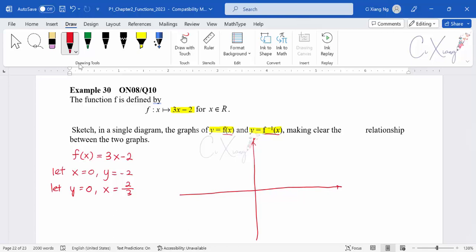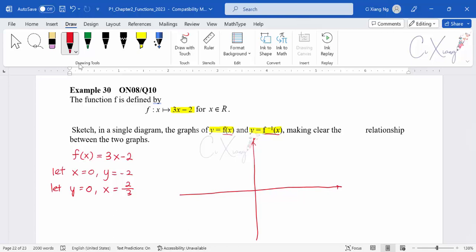It doesn't look really symmetric about the line y equals x. So if you want it to look very clearly that it is reflecting on the line y equals x, please make sure you set the scale of the x and y axes in the same unit.